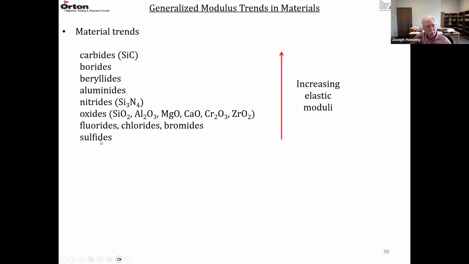So going from the bottom to the top, we're going in order of increasing elastic moduli. So silicon carbide is at the top here. Then there's borides, beryllides, aluminides, nitrides, the metal oxides, fluorides, chlorides, bromides, and then finally sulfides. So that's where the refractory materials fit in with these other materials.